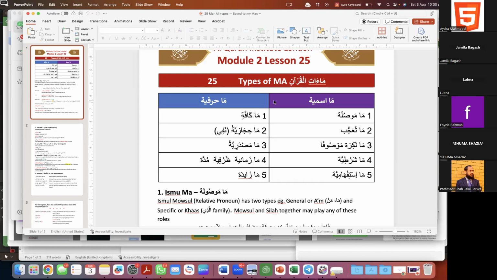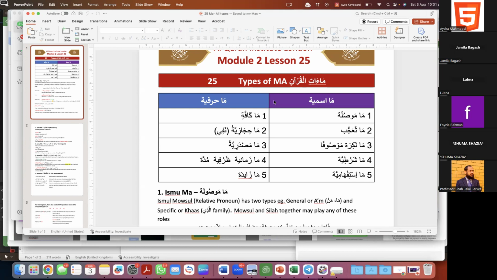Ma ta'ajjub. Ma nakira mausufa. Ma shartiya. Ma istifhamiya.